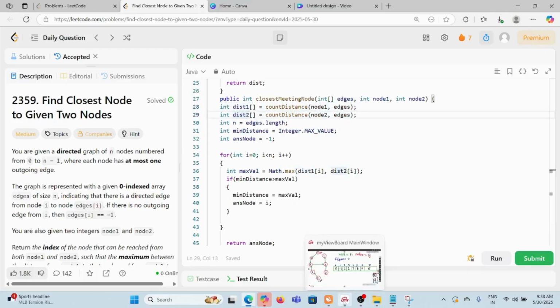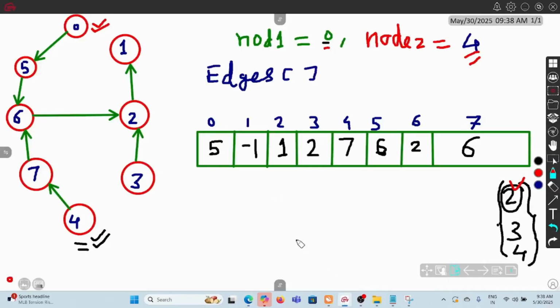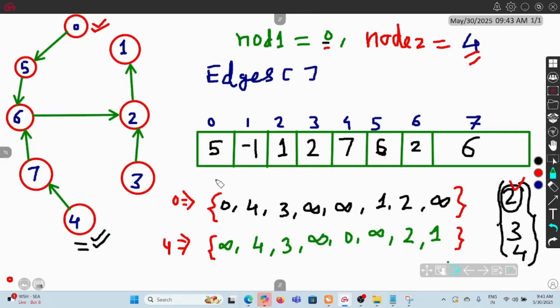It would look like this if we write down the distances here. For both nodes, the distances would be like this. From 0 to 0 the distance is 0, 0 to 2 distance is 4, 0 to 3 distance is infinite, right? It is not possible. 0 to 4 is also infinite, no path is there.